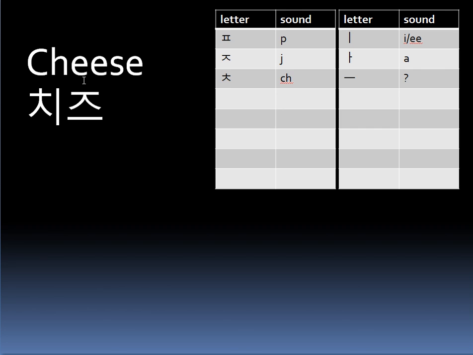Cheese, and we just got another new consonant. See here, this one and this one look the same, except this one has one teeny tiny stick on top. This one is the j, ja, j sound, but this one is ch, a little bit stronger sound.